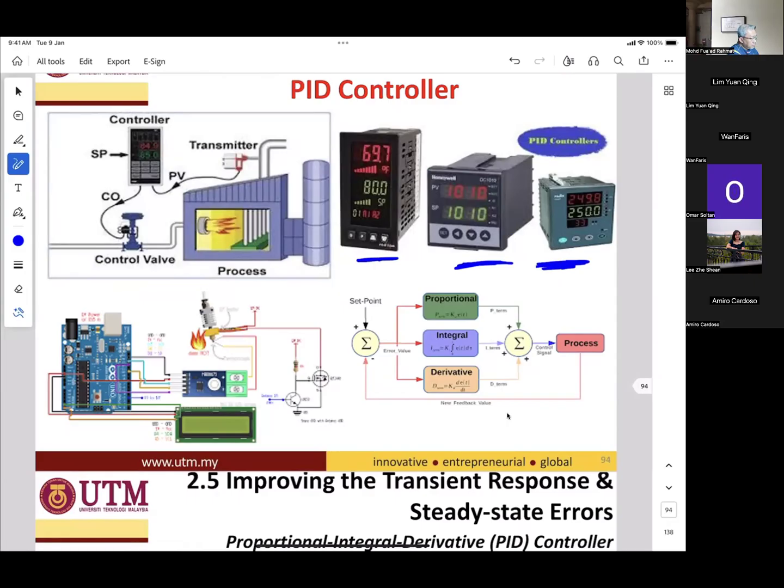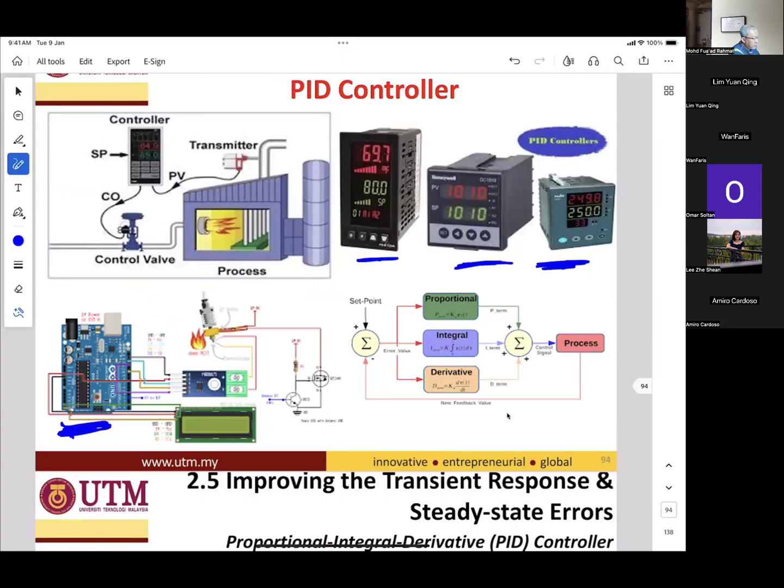This one consumes a lot of money. So if you don't have money, you buy the cheapest one that is using the Arduino Uno, to control the proportional gain, integral gain, and derivative gain.